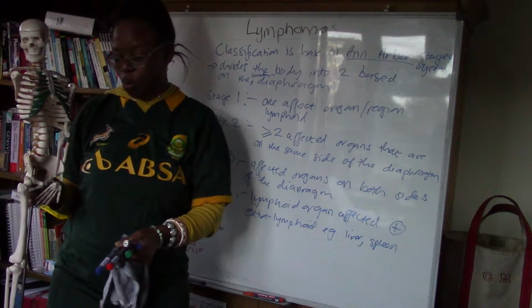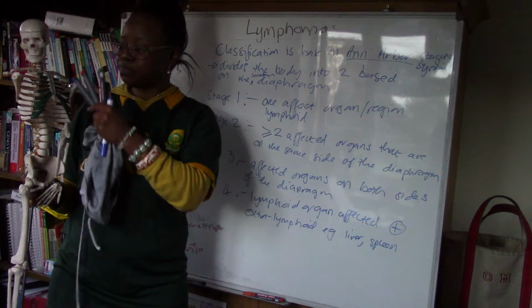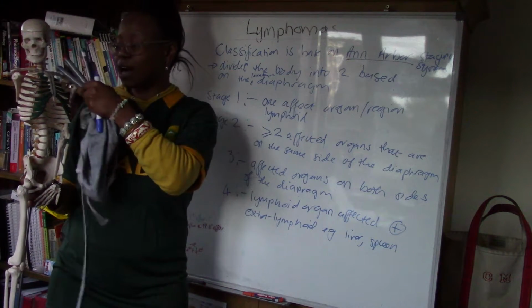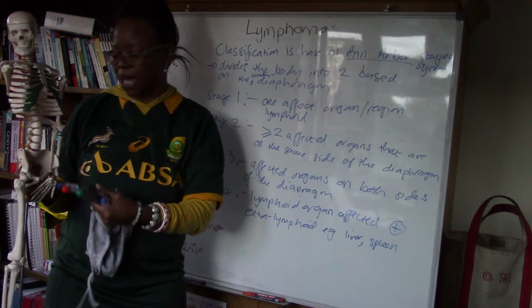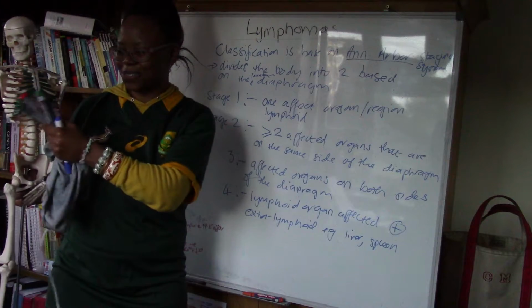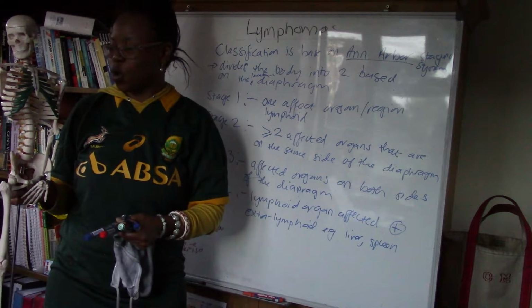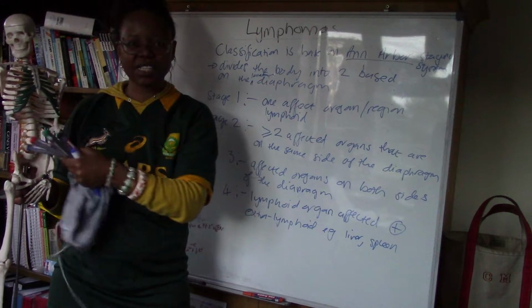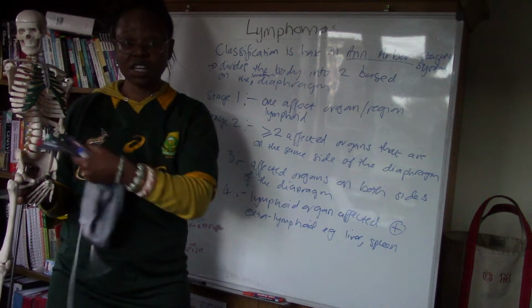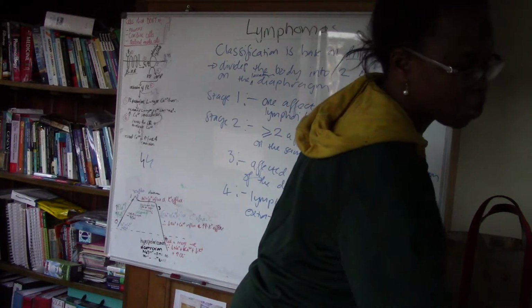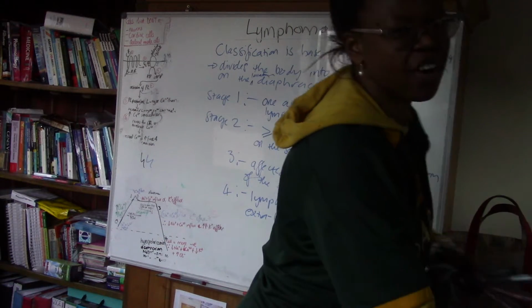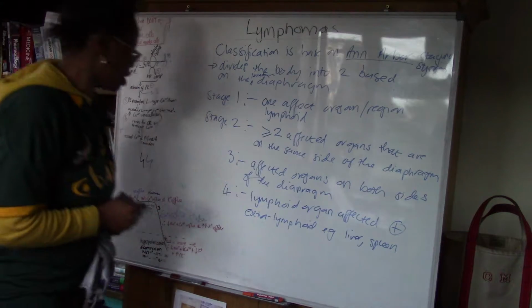And stage 4 will be, say, supraclavicular, inguinal, and perhaps the bone, the tibia, or the liver, or perhaps the GI tract itself. So it's having that extra lymphoid organ being affected, or perhaps the brain. So then that is stage 4.